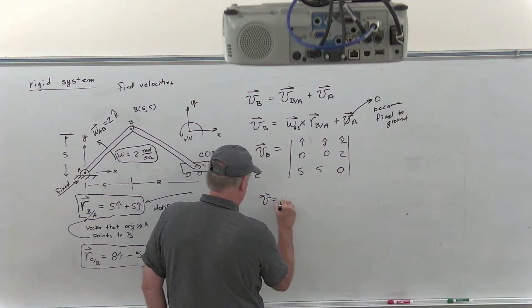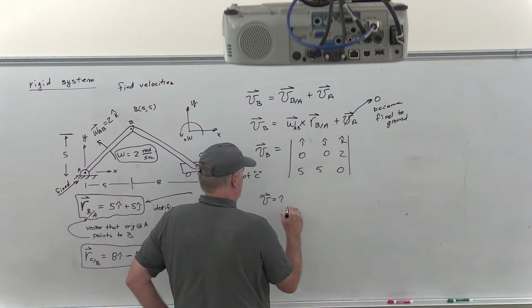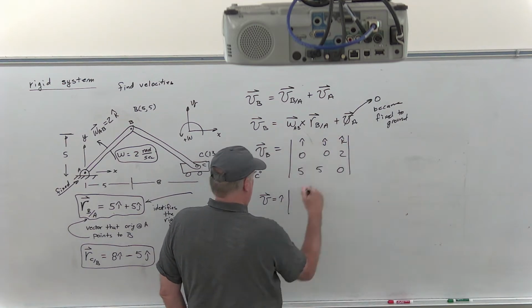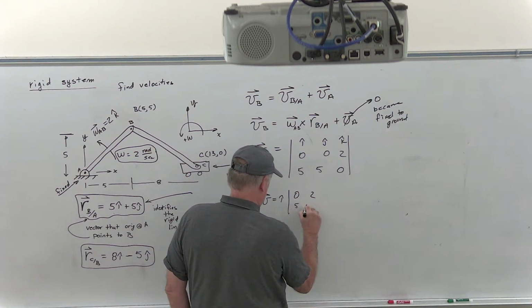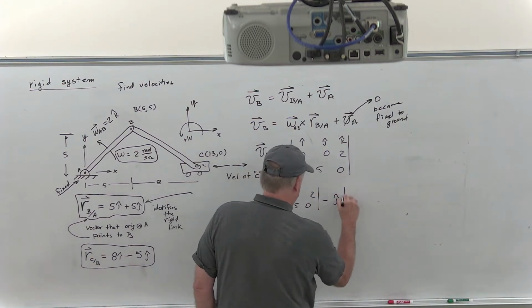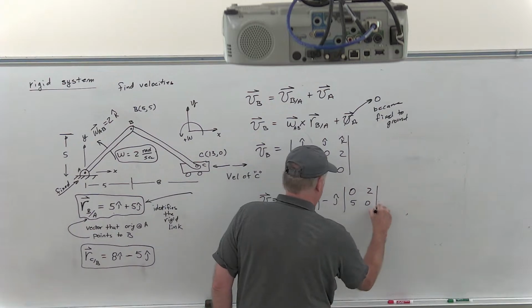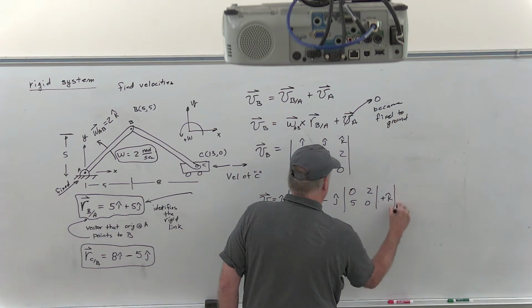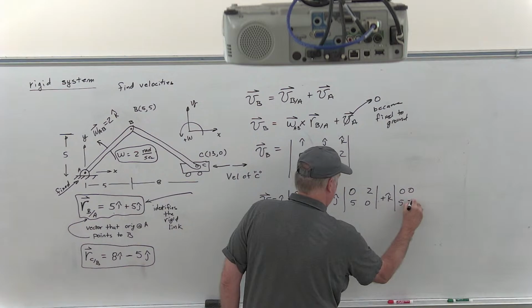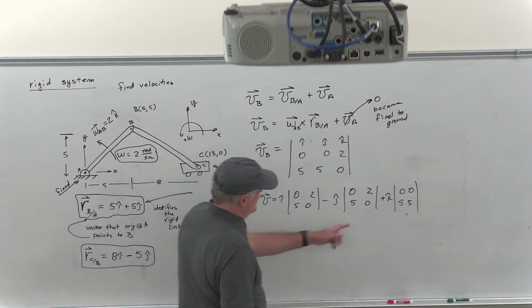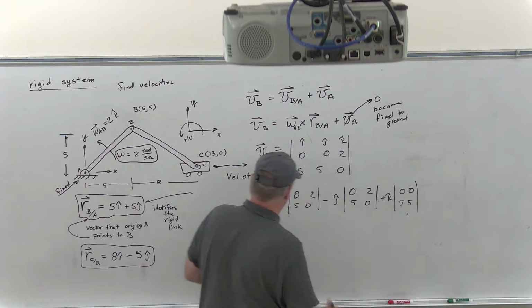Okay, so it's I. You do a cofactor expansion, you get a 0, 2, 5, a 0. It's J, take that out, you get 0, 2, 5, and 0. And then K, then you get 0, 0, 5, and 5. Makes sense that there's nothing here, but now we got to do this.